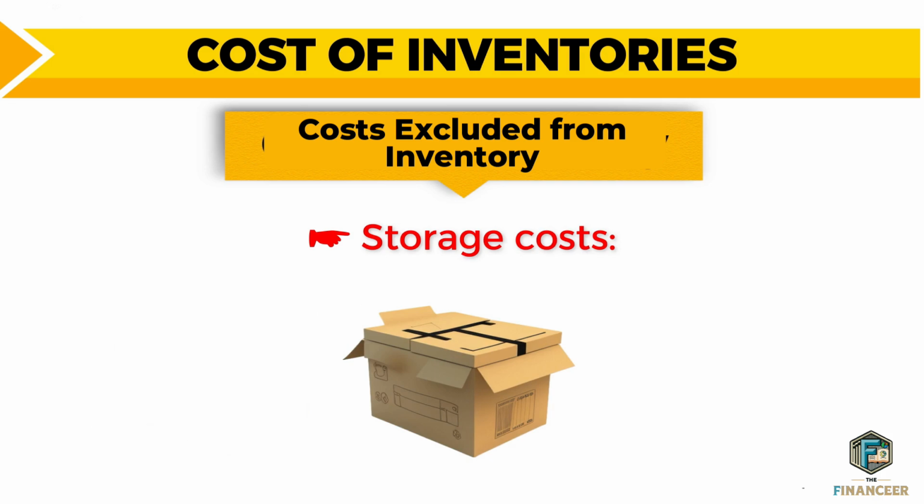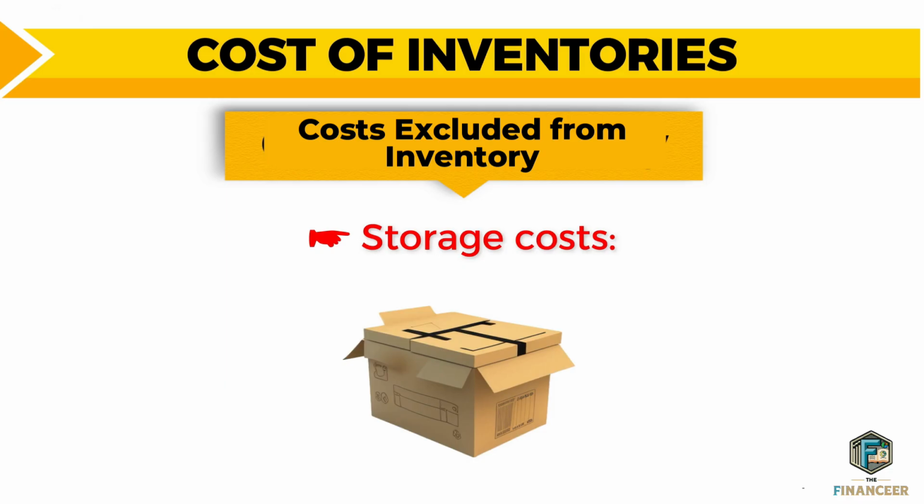So when you assess whether the storage cost will be required, you have to look at the storage cost purpose. If this is a storage cost that you spend to store the product in order to help in maturation or maturity of the product, it will be considered as part of the inventory value. Other than that, this storage cost will be excluded from the cost of the inventory.